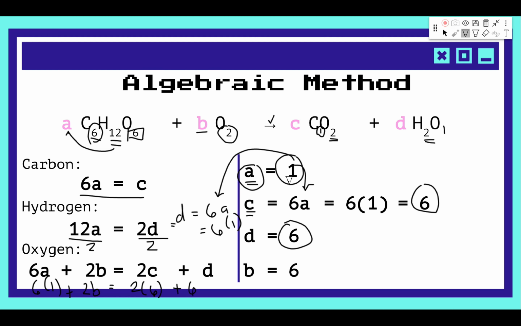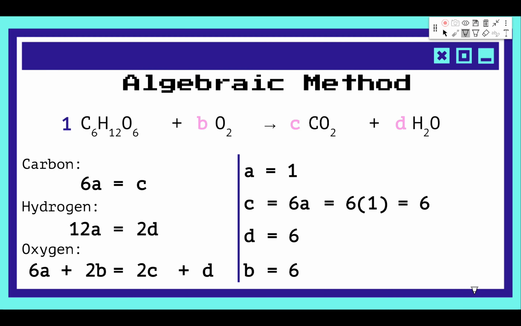Now again, these variables are your coefficients. So what I will do is to change this to the numbers I got. So I will have 1 C6H12O6 plus 6O2 yields 6CO2 and 6H2O. Now your equation is balanced.